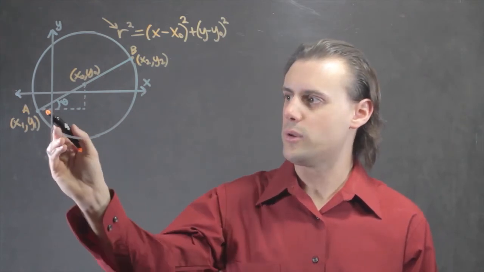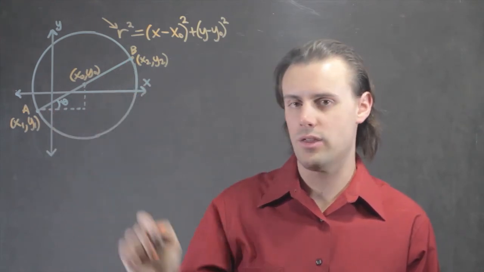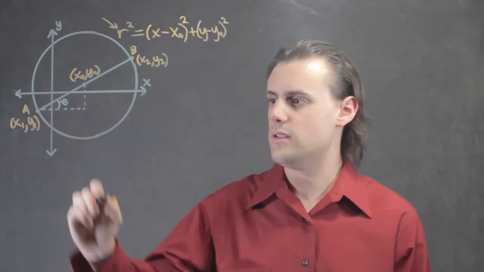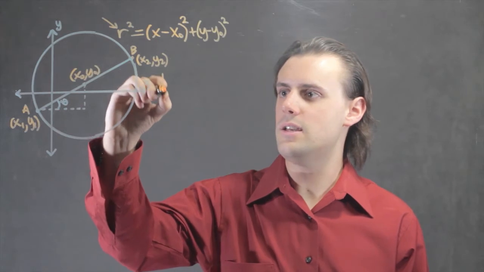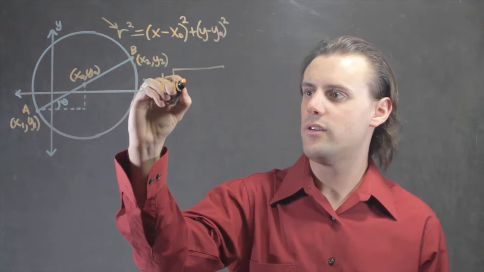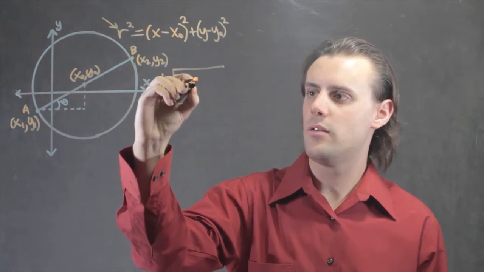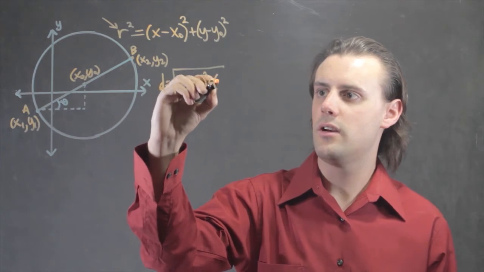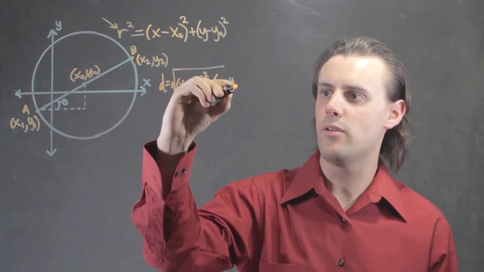So the distance formula, in this case, it would be the length of the diameter in terms of these two coordinate points, is given as d is equal to the square root of (x2 minus x1) squared plus (y2 minus y1) squared.